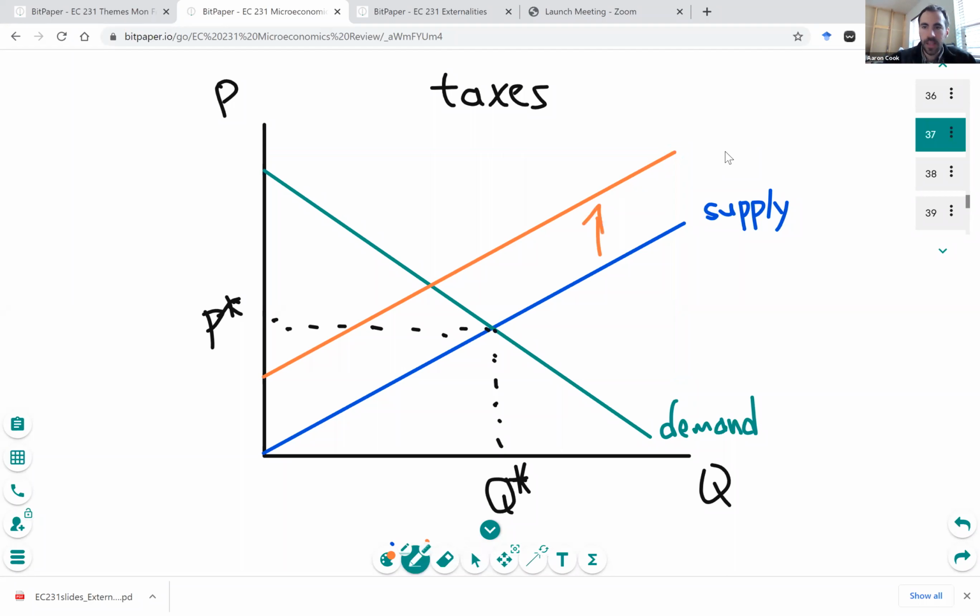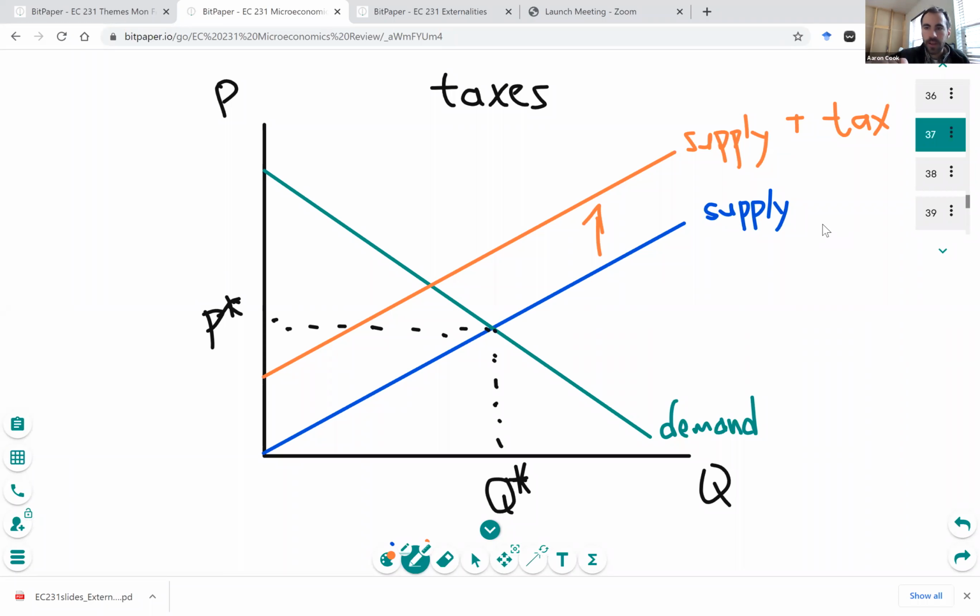So this blue line was the original supply curve. This orange line is the supply plus the tax. The tax is like an extra cost to the supplier, so it increases the marginal cost to produce that good.